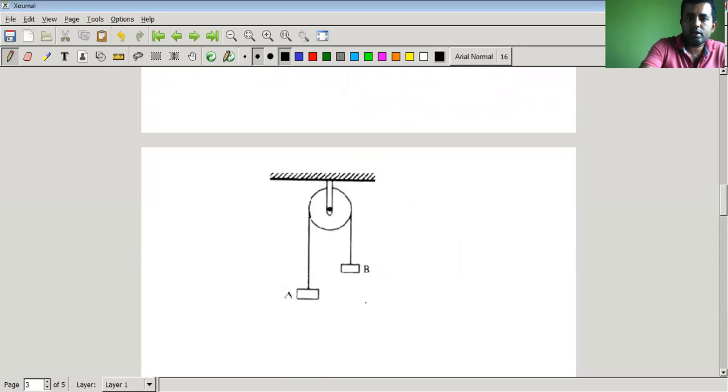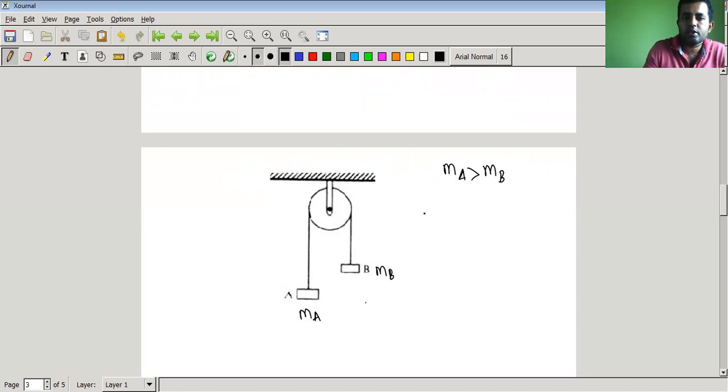Now if you see this question, let us say we have to find this mass is given, let us say MA, and this mass is given MB. Let us say for the time being MA is greater than MB.